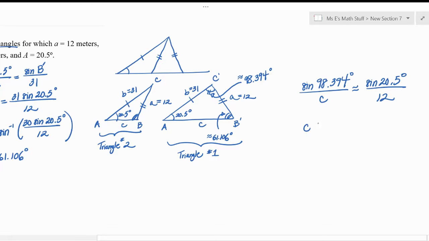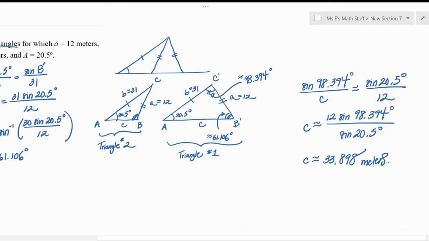Solving for C. So let's calculate that: sine of 98 something something times 12 and divided by sine of 20.5. All right, so it looks like for side length C we get approximately 33.898.